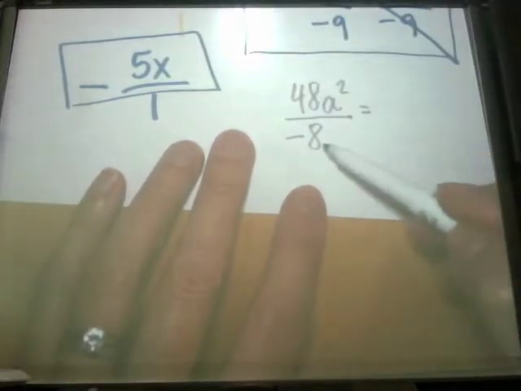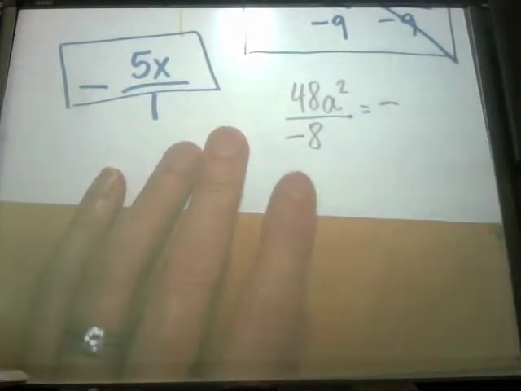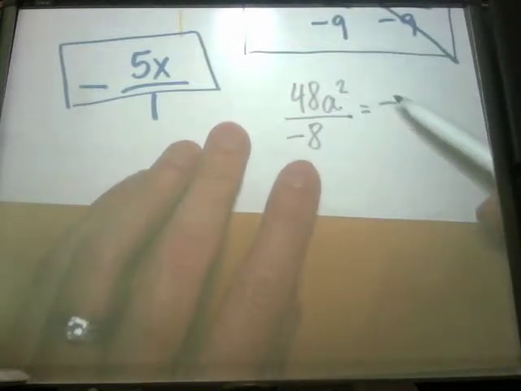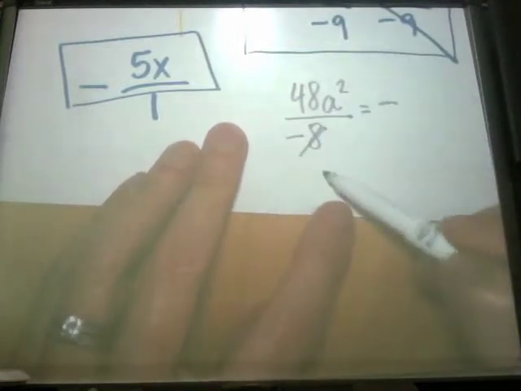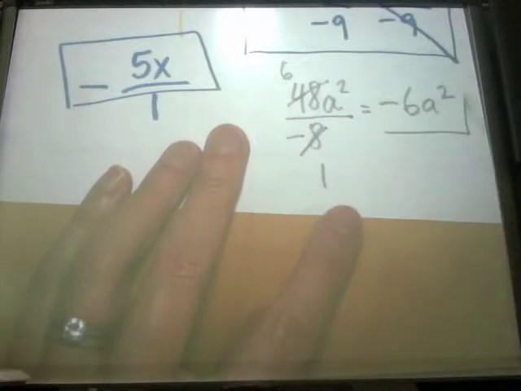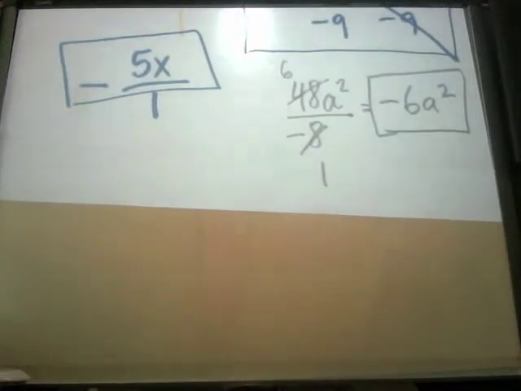A positive divided by a negative makes a negative. 48 and 8 both can be divided by, CJ? 8. Divide by 8. Divide by 8. I get 6a squared over 1, which is just 6a squared, and because it was a positive divided by a negative, I get a negative.